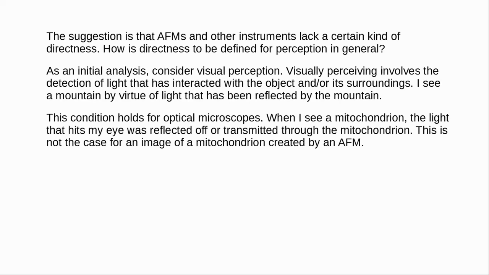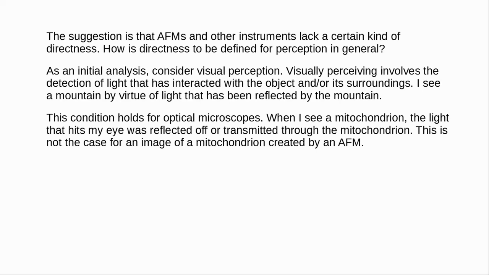Now, this condition holds for optical microscopes. When you view a mitochondrion through an optical microscope, the light that hits your eye is light that was reflected off or transmitted through the mitochondrion. And so we have a kind of direct connection to the mitochondrion. But when you look at an image of a mitochondrion created by an atomic force microscope or a photograph or whatever, you're not seeing light that was reflected off or transmitted through the mitochondrion.